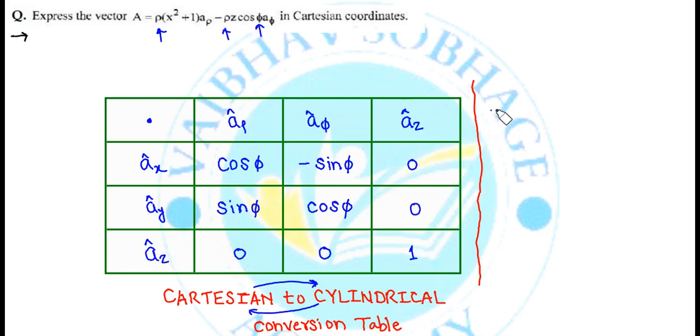So what is the rho that we have with us? We have that rho is equal to square root of x squared plus y squared. Then we have phi. Phi is equal to what? Phi is equal to tan inverse of y by x. We already know about that one.